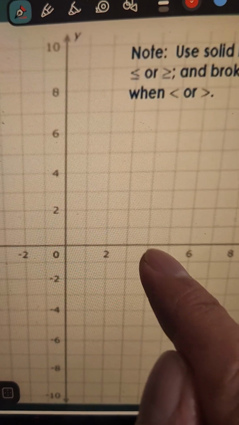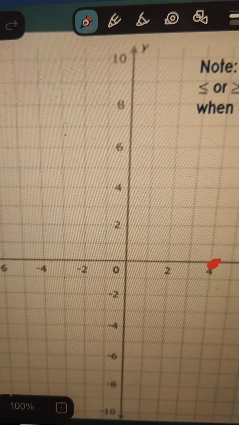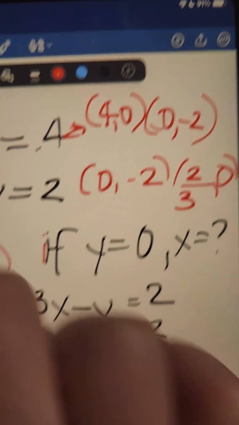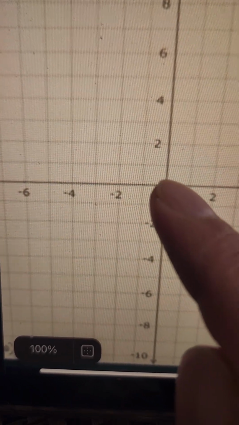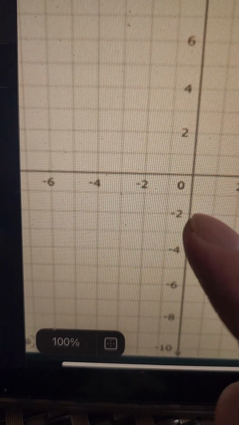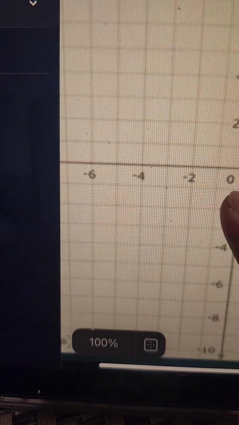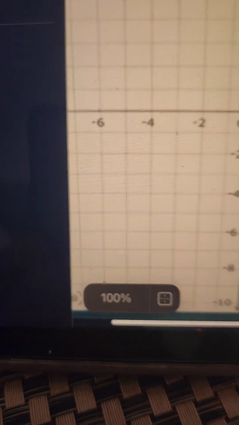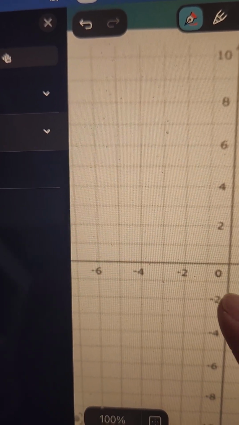So, 4, 0 would be this line. Okay, and then what's the other value? 0, -2. Okay, so 0 sa x-axis, 0 and then -2. Andito siya. Remember why? So, 0 and then -2.